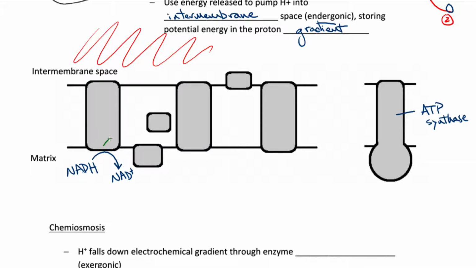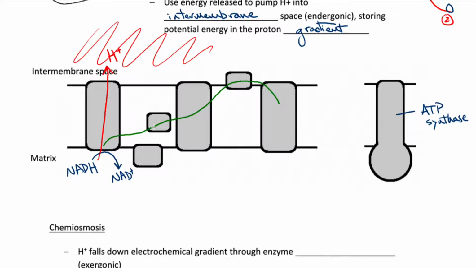And so the electrons are passed into the chain, and then they're going to get passed from one of these molecules to the next. And I'll just stop there for a moment. The NADH lost a proton as well, and that proton is going to be pumped into the intermembrane space. And again, it's the energy that is released from this oxidation. This is an exergonic reaction that's used to pump the protons in here.